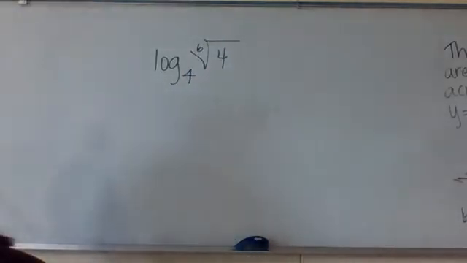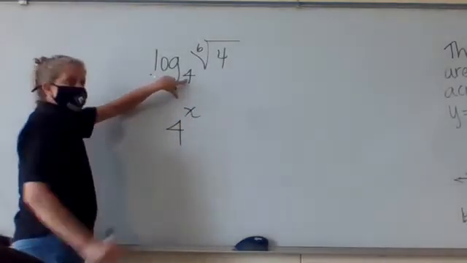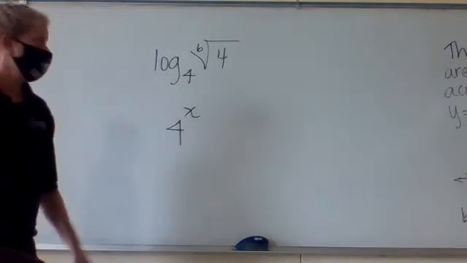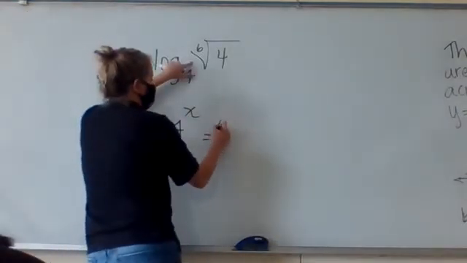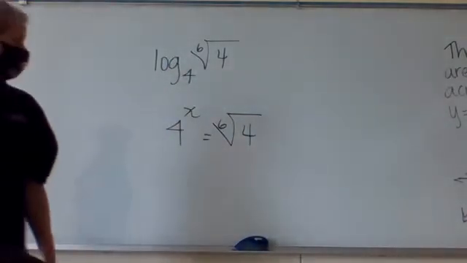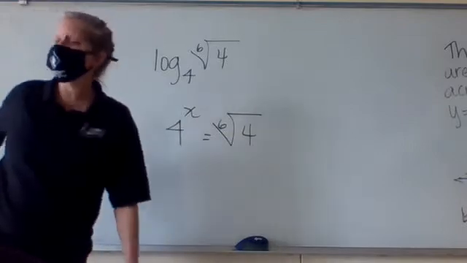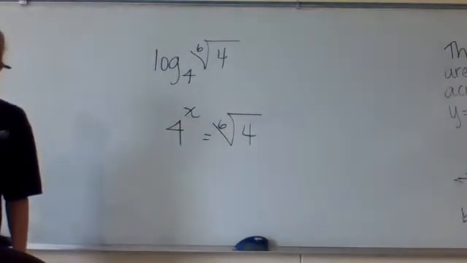So let's think about this. What am I going to have to raise this 4 to? 4 to what power is going to turn it into the 6th root of 4? So remember, if you are a radical, it's because your exponent is a fraction.